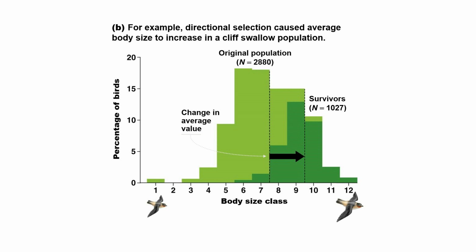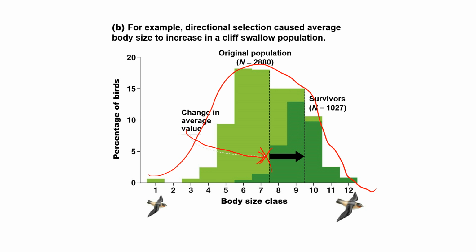So let's look at the directional selection. Here you have your before, the catastrophic cold snap. You have a nice little bell-shaped curve. And then after, this is the point where you have the cold snap.